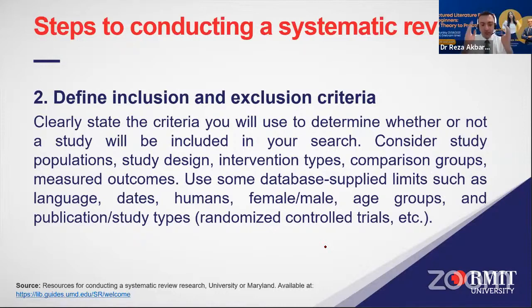For example, maybe we're only looking into English published journals. We might look into certain dates. There are some reasons we pick certain dates, or we look into different groups. So I just put some of those examples here so we can see them. Again, it depends on the study and how deep you want to go.